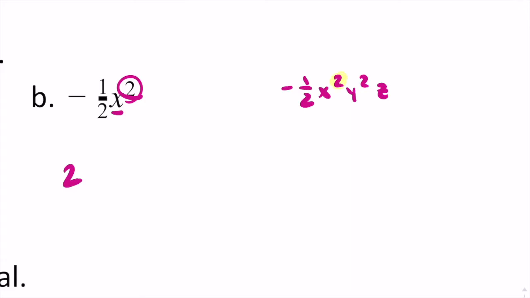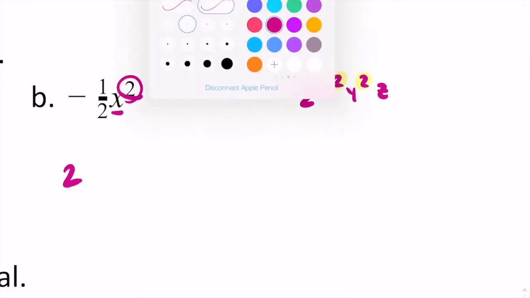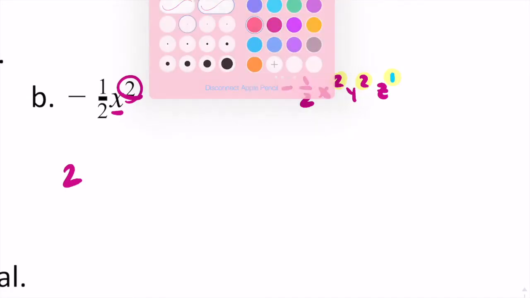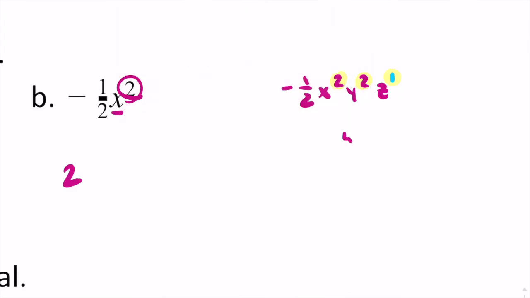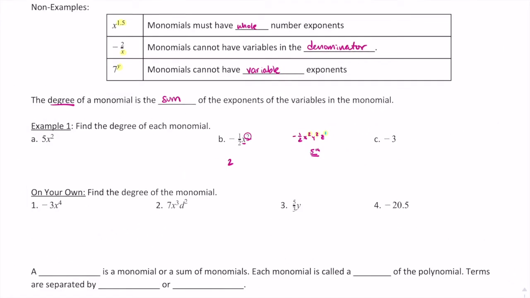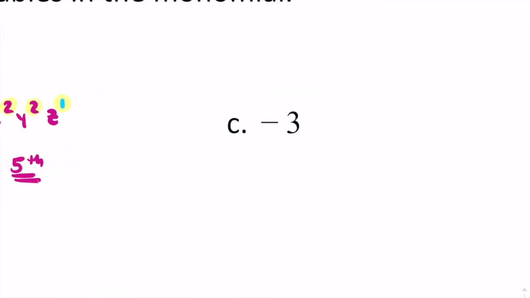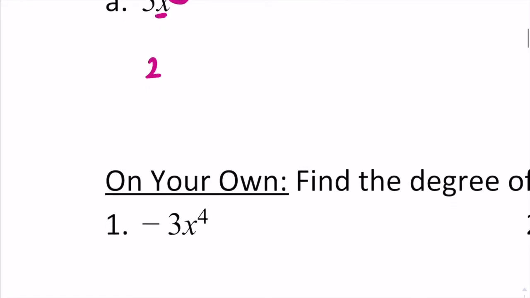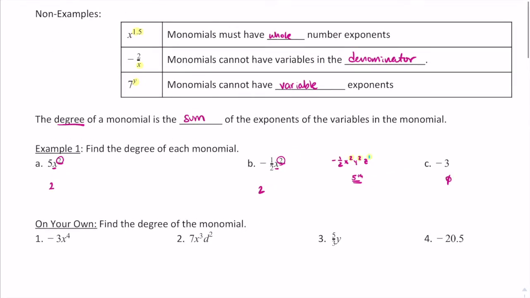So if I were to take the sum of them, I would take 2, 2, and even though it's not there, there is an imaginary 1 with my z. So this monomial is actually the 5th degree. So you have to add all of your variables' exponents up, and that is the degree of the monomial. Letter C, this does not even have a variable, so the degree is 0. Okay, so why don't you guys try on your own.